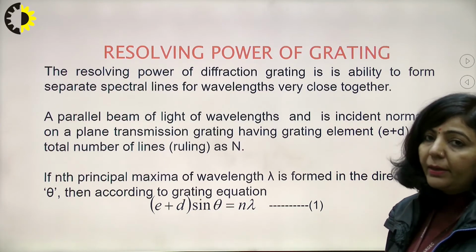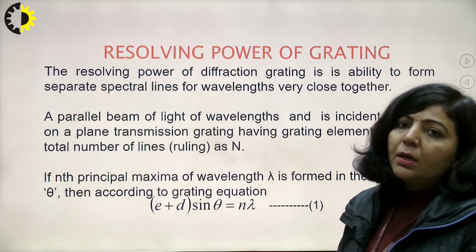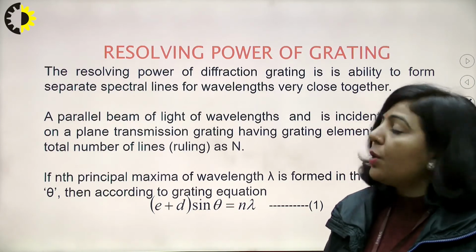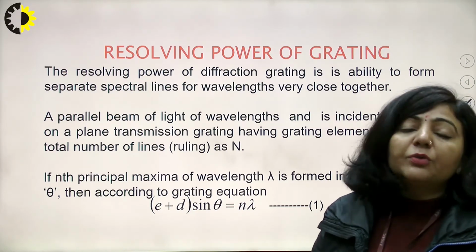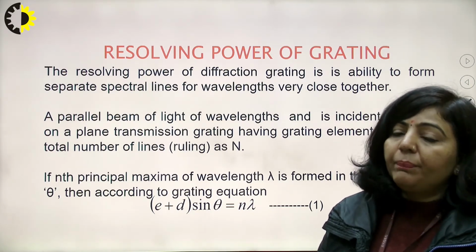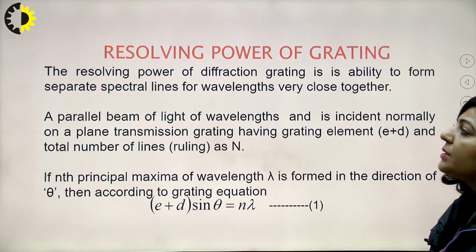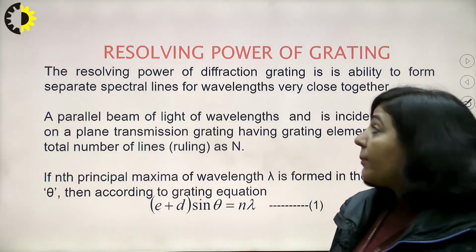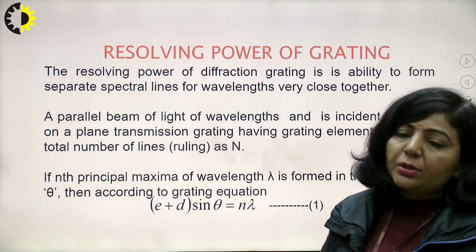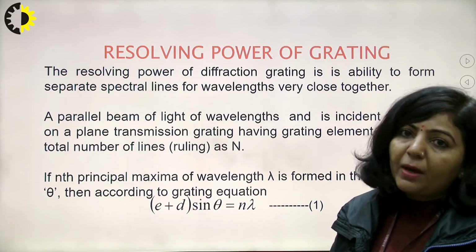So again you have a similar type of case. You have two sources, one of wavelength lambda and the other of wavelength lambda plus d lambda. The ability of this instrument to separate spectral lines for wavelengths which are very close to each other is known as its resolving power.